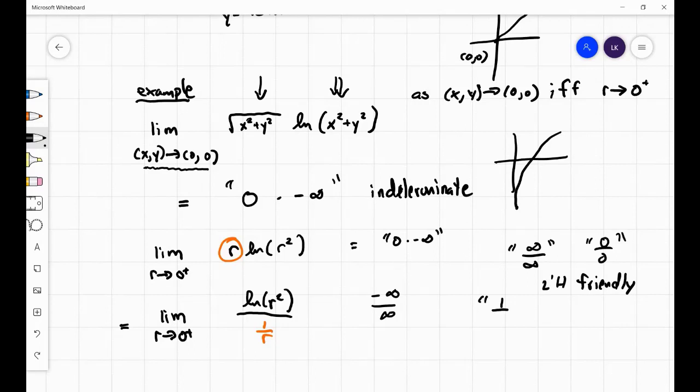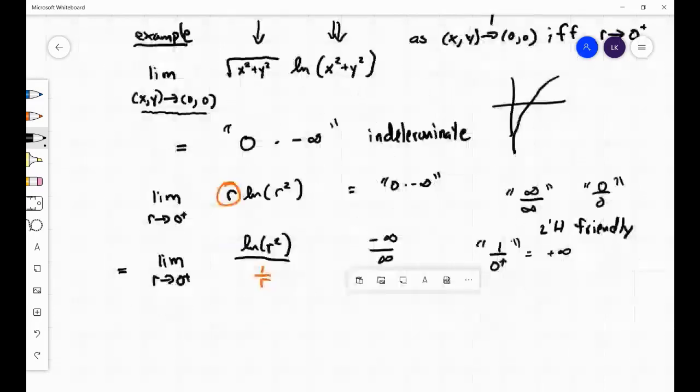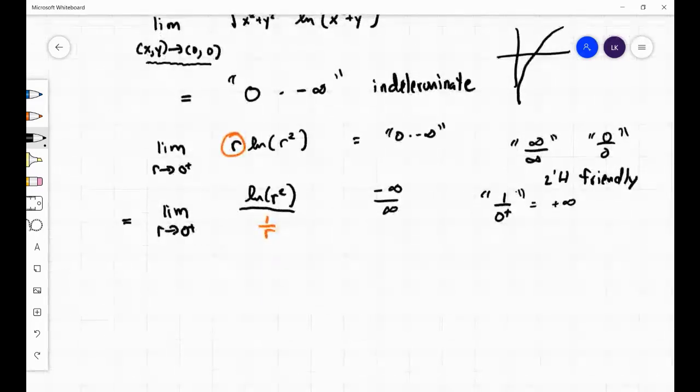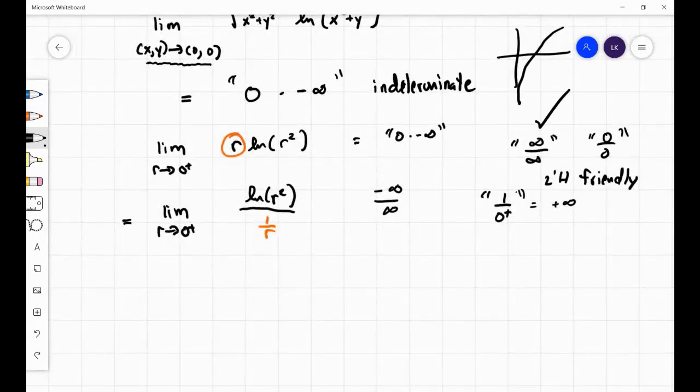In terms of limits, 1 over something that goes to 0 from the positive side is positive infinity. All right, so it's still indeterminate, but it's L'Hopital friendly. So we go ahead and apply L'Hopital's here.